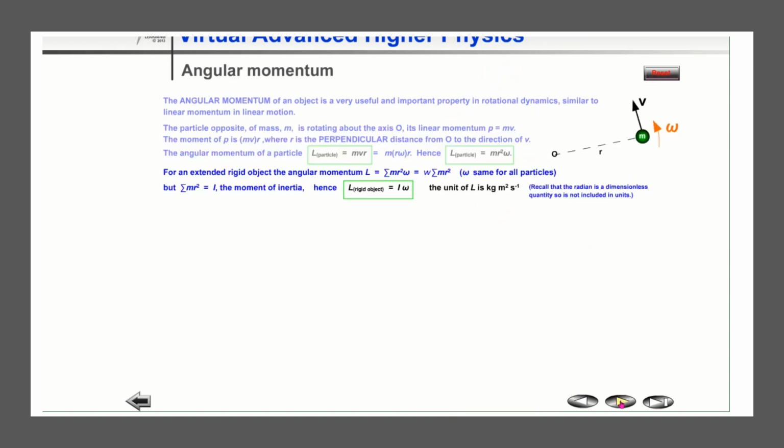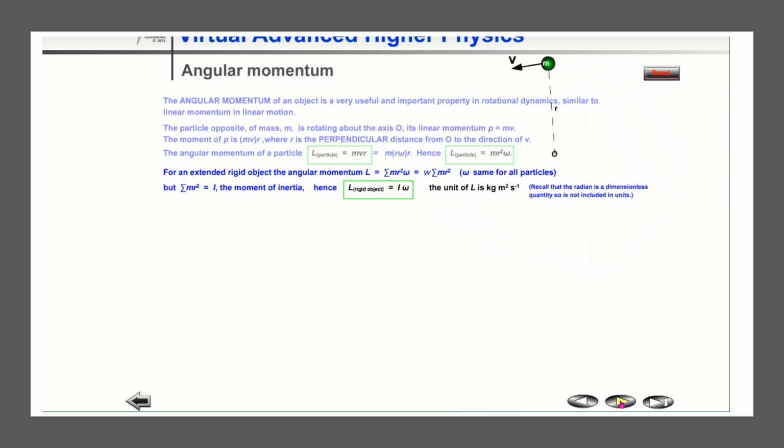For an extended rigid object, so anything other than a point, your angular momentum is the sum of all those angular momenta, giving the sum of mr squared omega, or omega times the sum of mr squared, because omega must be the same for all particles.